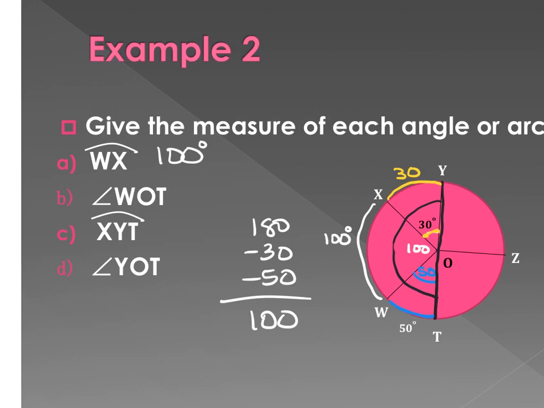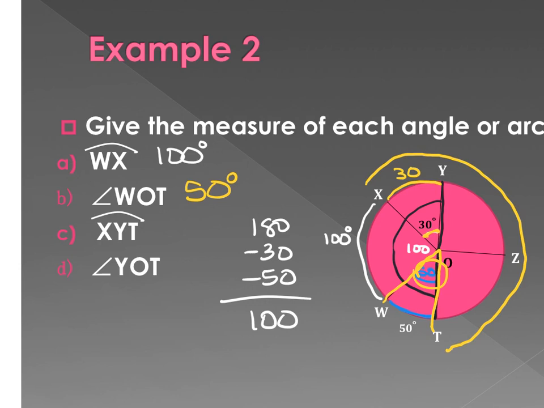Now I've probably filled in quite a bit of information. Let's see if I can answer the rest. So it wants angle WOT. So WOT is this right here, and I've already labeled it with 50. Then arc XYT, which is over here, X to Y to T. I'm going to add 30 plus the semicircle for a grand total of 210.